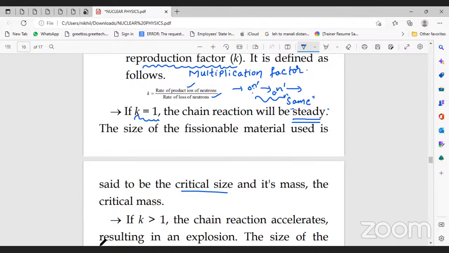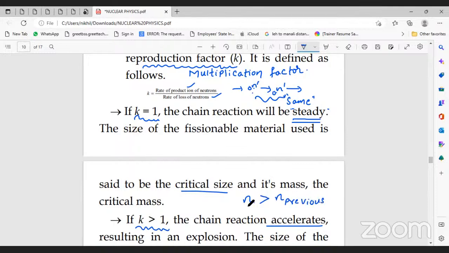If the K value is more than 1, then the nuclear chain reaction accelerates. The number of neutrons in the present generation is more than in the previous generation.